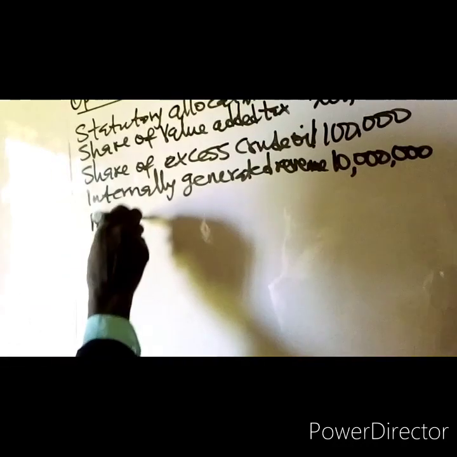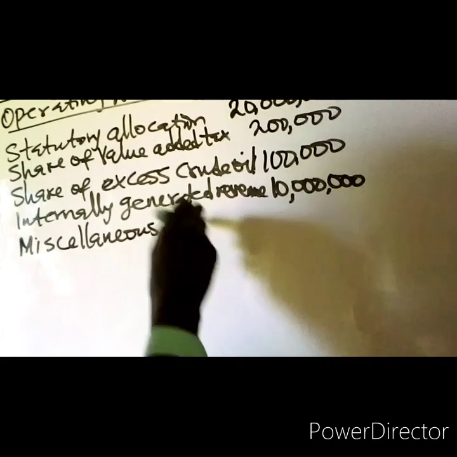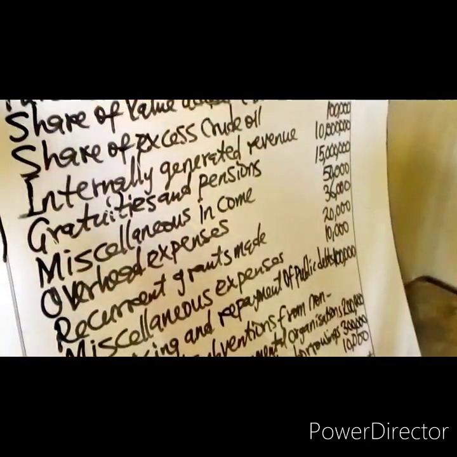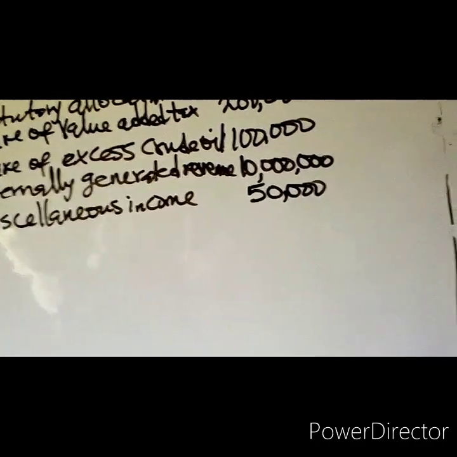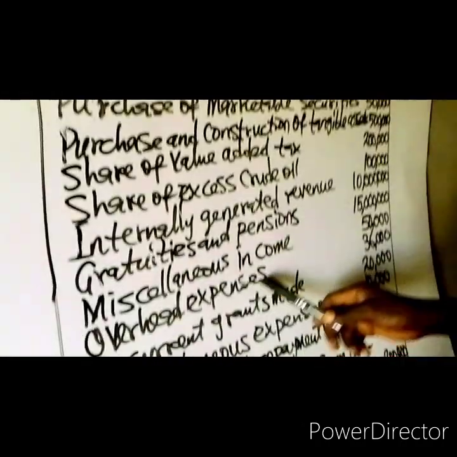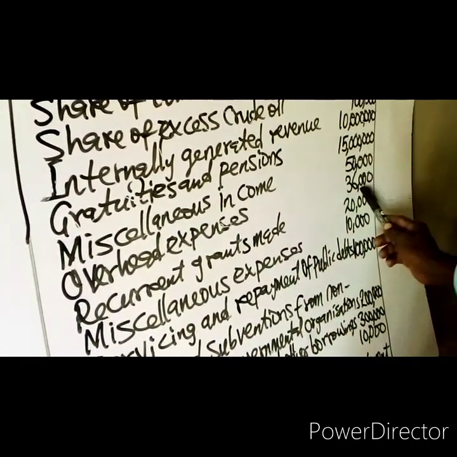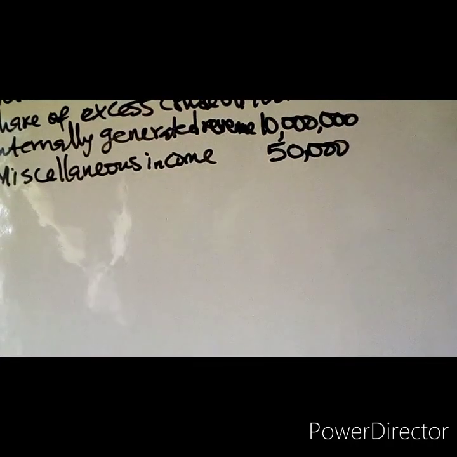Miscellaneous income, and that is 50,000. Then overhead expenses. Overhead expenses is 36,000. Overhead expenses is also a payment.